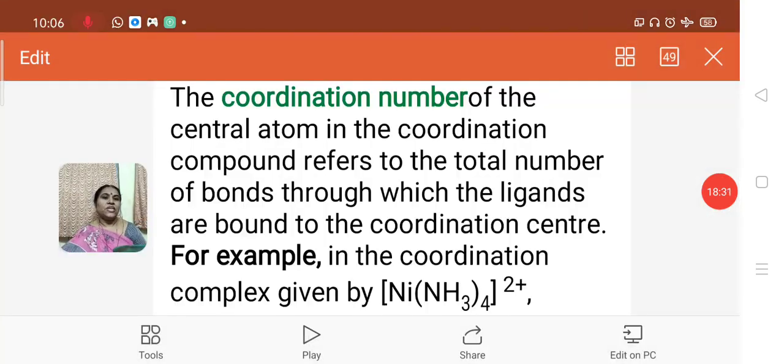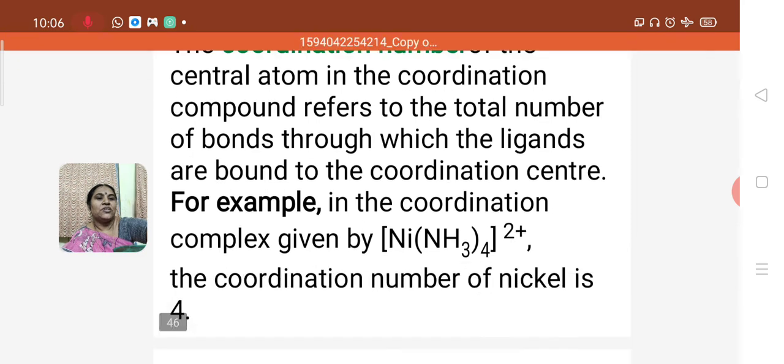The coordination number of a central metal atom in a coordination compound refers to the total number of bonds through which the ligands are bound to the coordination center. For example, consider this complex of nickel. In [Ni(NH3)4]2+, the coordination number is equal to 4.